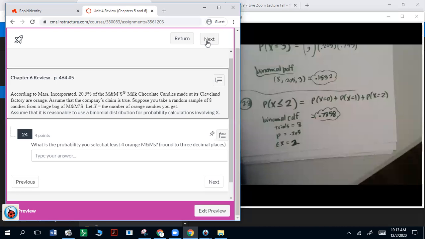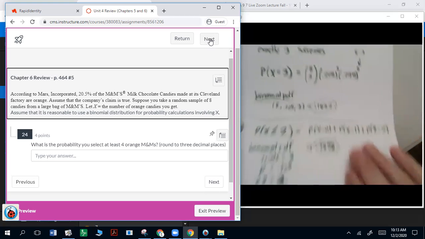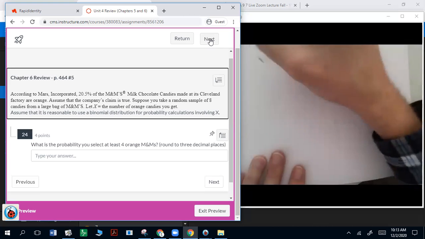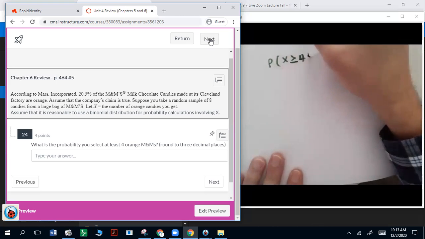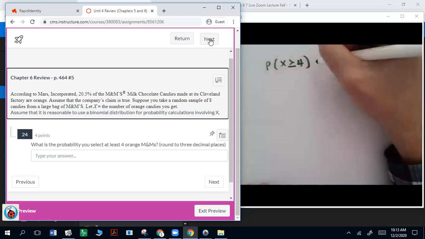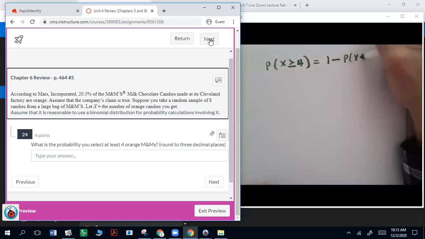And the next question. What's the probability you select at least 4 orange M&Ms? So probability at least 4 is the probability X is greater than or equal to 4, which binomial CDF doesn't do directly. So what we want to do is 1 minus the probability X is less than or equal to 3.